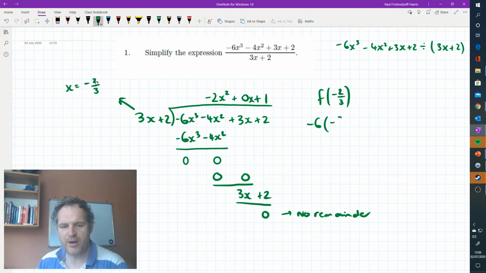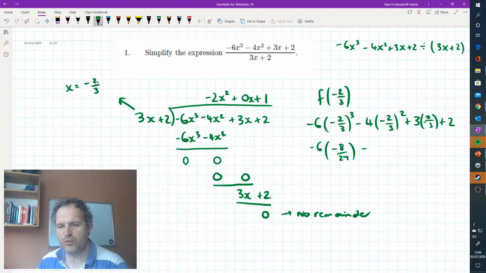So we can put minus 6 lots of minus 2/3 cubed, minus 4 lots of minus 2/3 squared, plus 3 lots of minus 2/3 plus 2. And we will get minus 6 lots of minus 8 over 27, minus 4 lots of, must be positive, square numbers are always positive, so 4 over 9, plus, in fact minus, because it's a plus times a minus, so it'd be minus 6 over 9 plus 2.